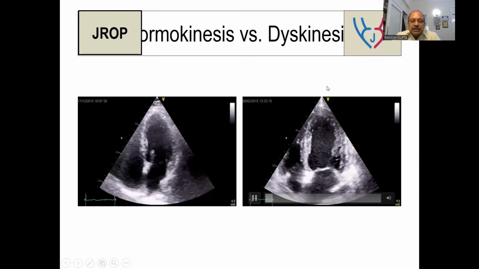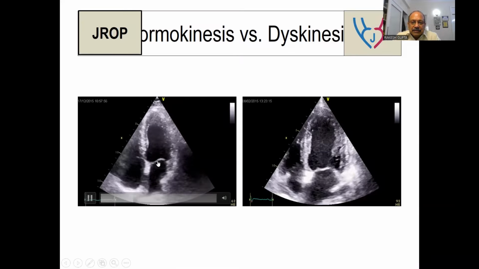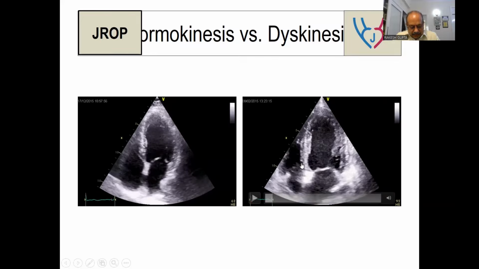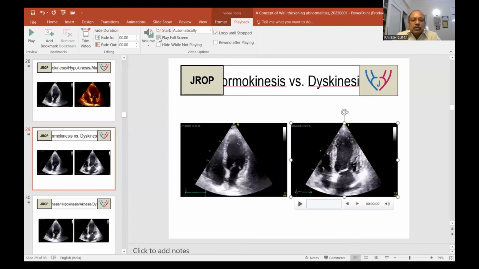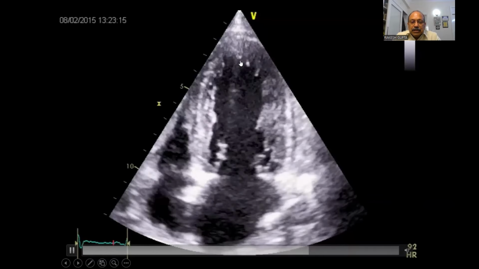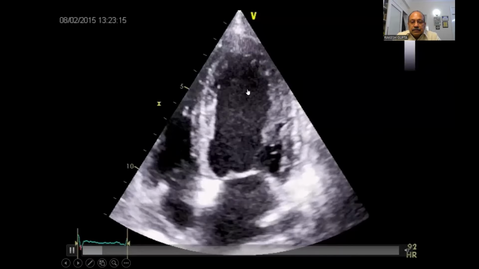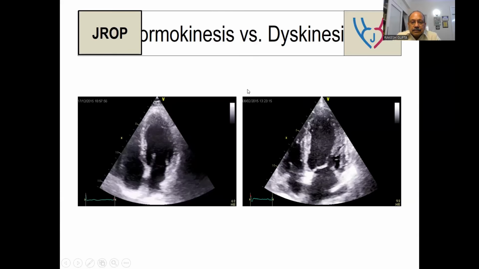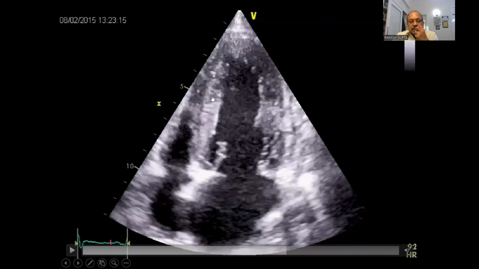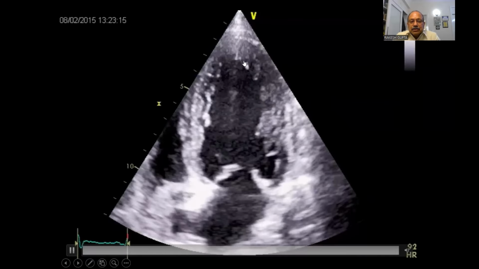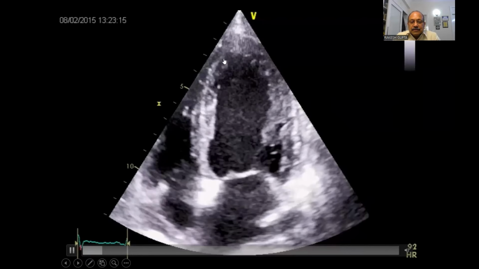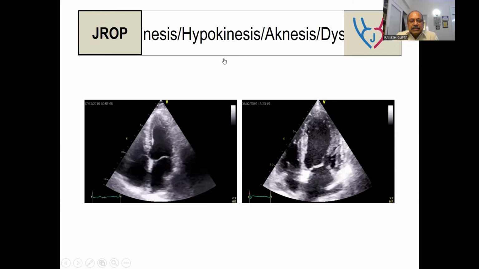Now in this segment, this is normokinetic. This is dyskinetic. Let me show you how we look at dyskinetic in full view. Concentrate on this part. With contraction, this segment is going out. Apex is going out. It's bulging out. That is dyskinetic.